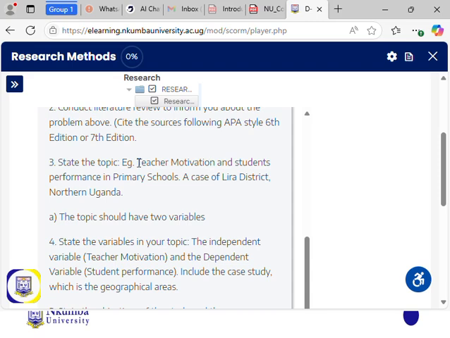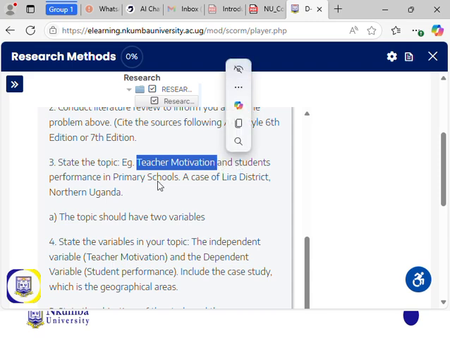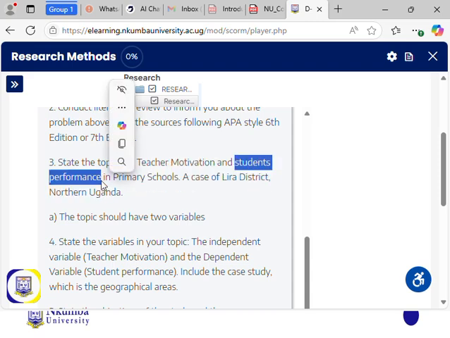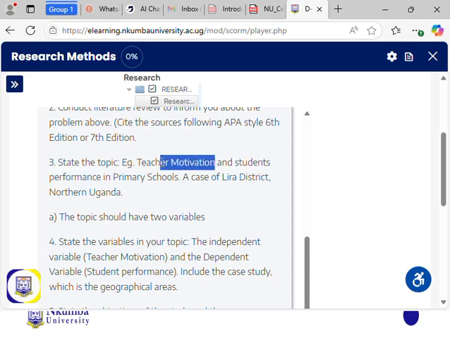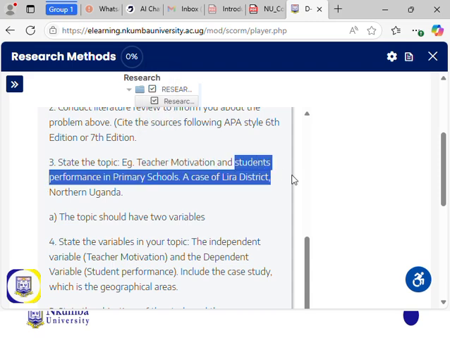So here, for example, it is saying if you motivate the teachers, then you will achieve students' performance. So does this person focus on students' performance? Where does this person put efforts? The efforts are put on making sure that the teachers are what? Motivated. Then the result is students' performance.